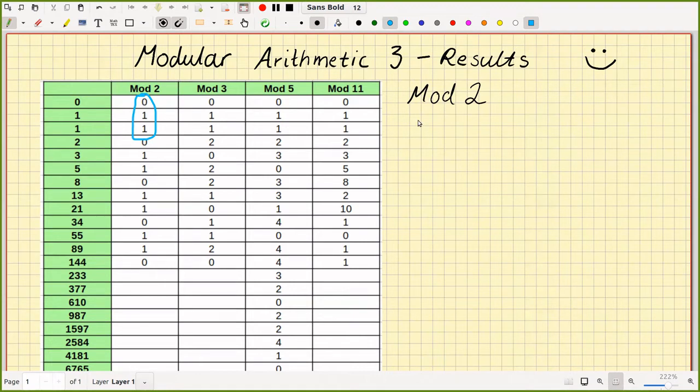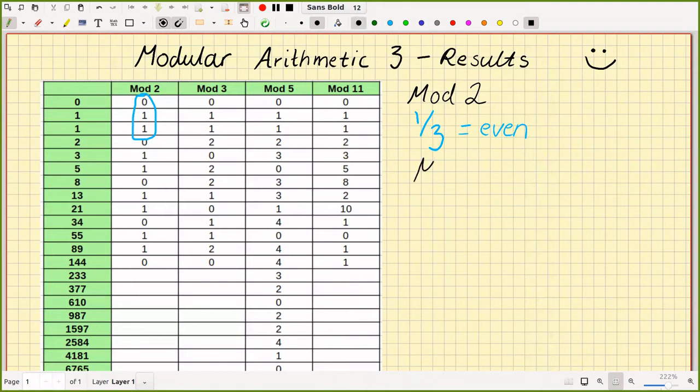So what this can mean is that if 1 out of every 3 numbers is a 0, or a multiple of 2, then 1/3 of the Fibonacci numbers are even. So if this pattern carries on forever and ever, 1/3 of these numbers is always going to be even. Cool. Now let's have a look at what happens during modulo 3.